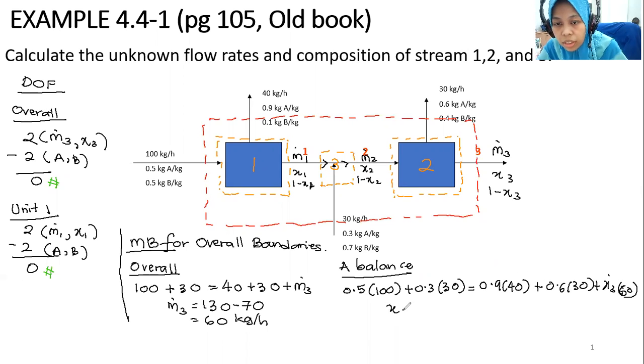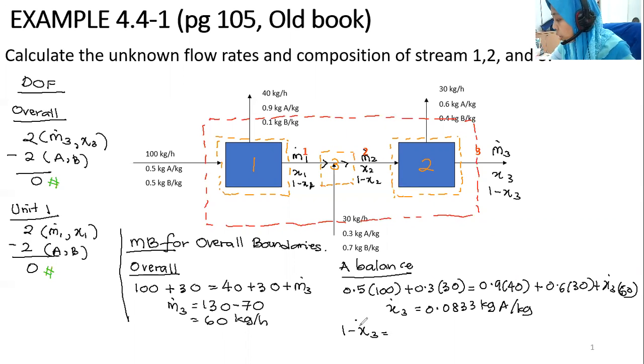So you get x3 equals 0.0833 kg A per kg. Automatically you get 1 minus x3, which is equivalent to 0.917 kg B per kg. So that is the calculation for the overall boundary.